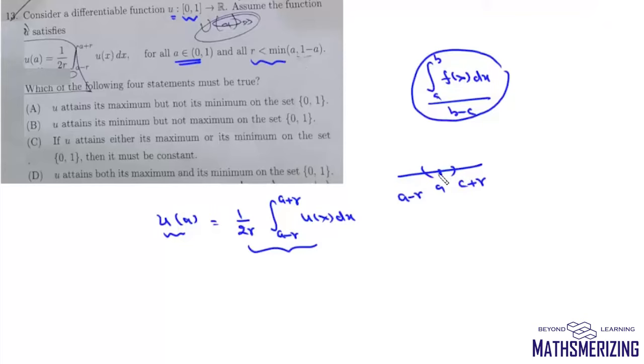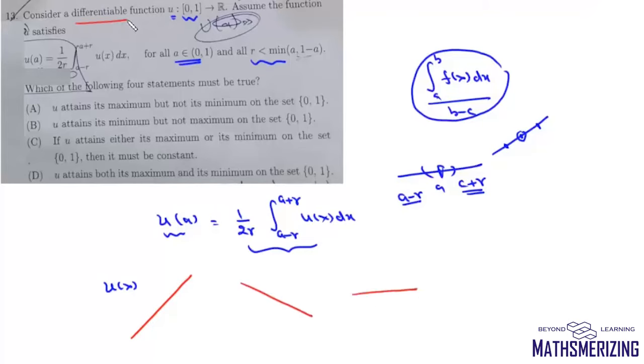Now this can only be true if this function is a straight line function, because only for a straight line function is the average value at any interval going to lie at its midpoint. So this point A is the midpoint of a minus r and a plus r. So it is only possible when this u(x) is a linear function, either moving up or moving down, or a constant function.